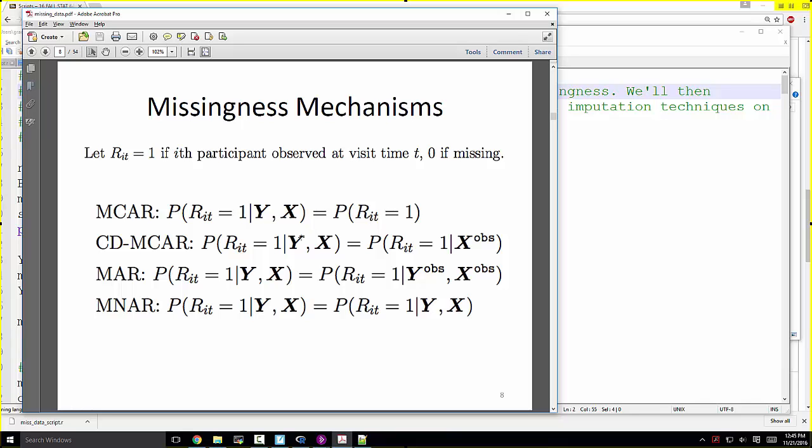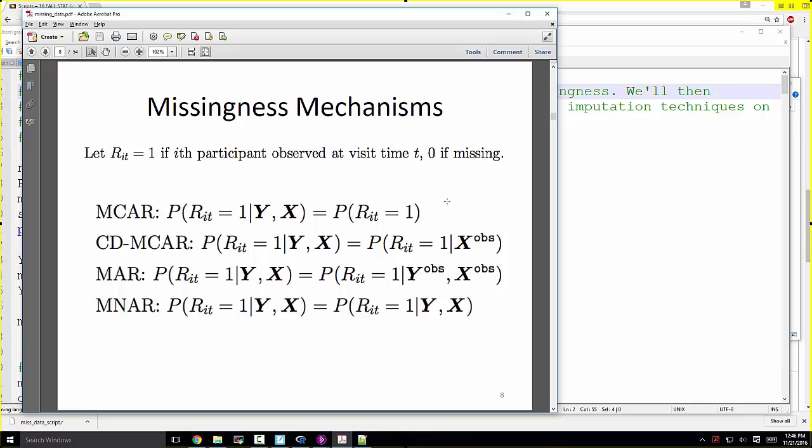Missing completely at random says that the probability that this observation is missing, given all the data, response and covariates, this would be the complete data, so every observation. Given that, MCAR means that the probability of missingness just equals a marginal probability, and in particular does not depend on any of the response values or any of the covariates.